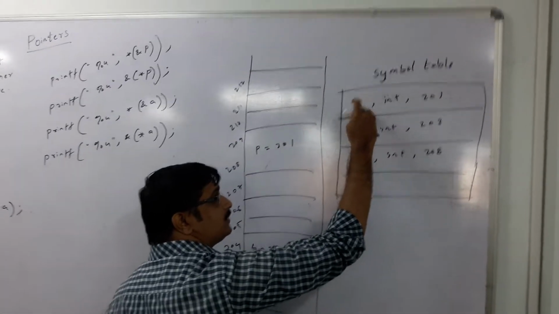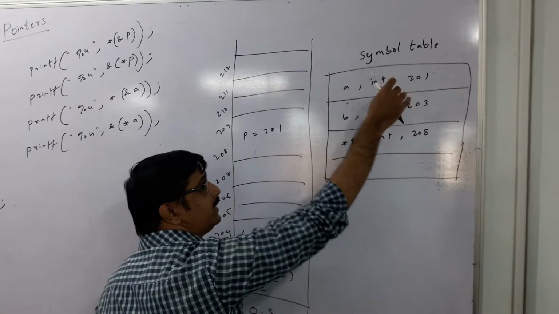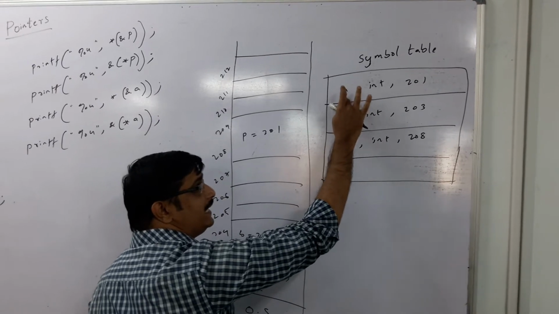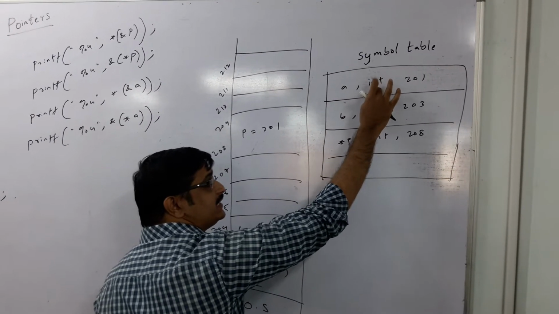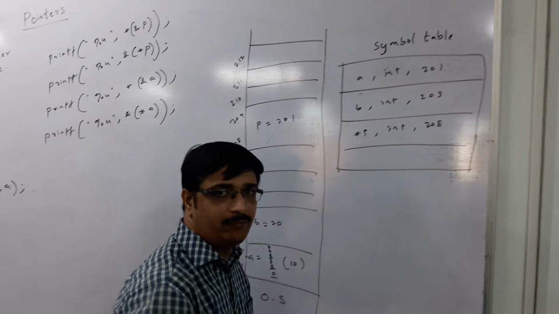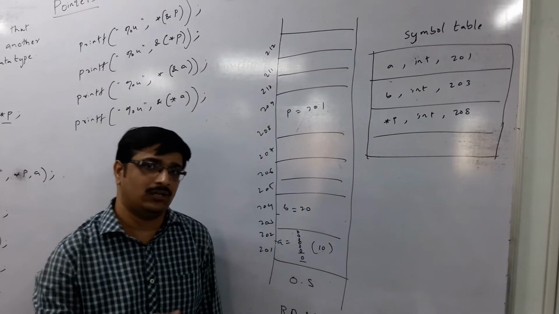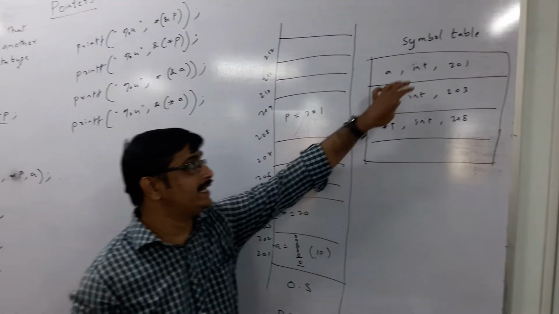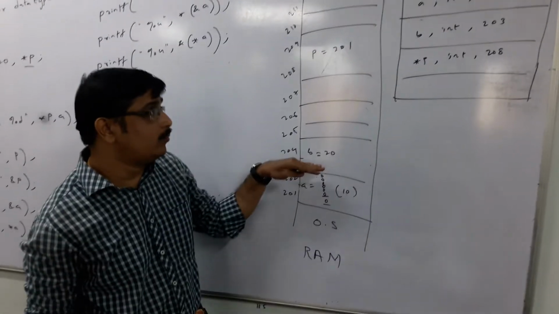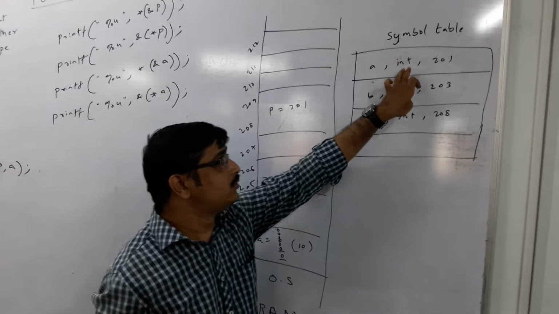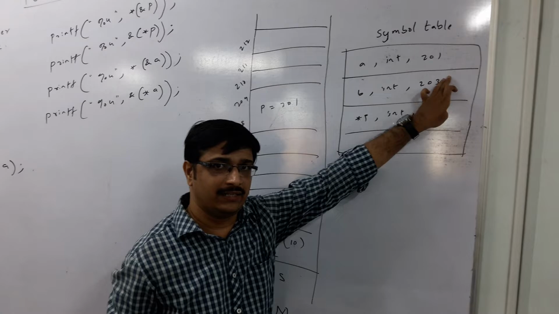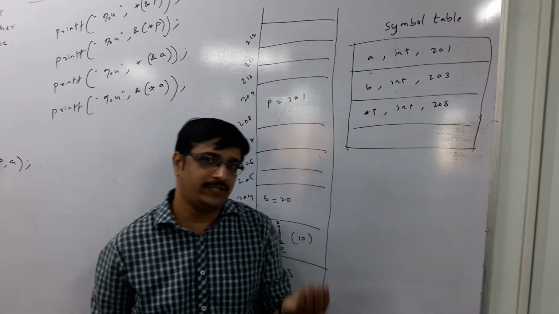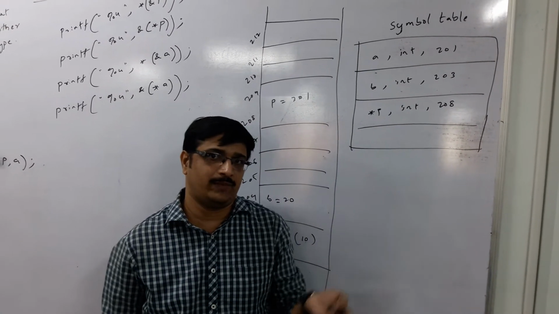So the processor first comes to the symbol table and checks that there is a variable a and its data type. The data type indicates how many bytes it has to read on the RAM. For example, if it is an integer data type, it has to read 2 bytes of memory. It also has the starting address, so it knows from which address to start reading that content.